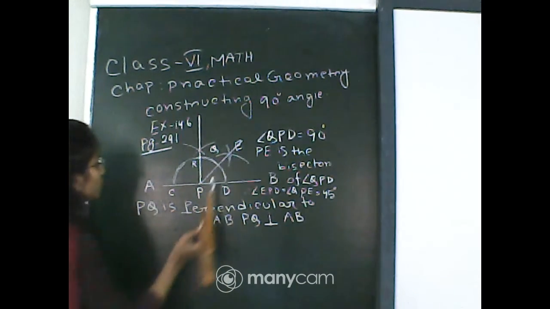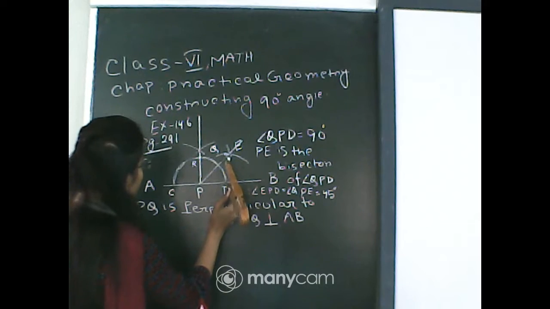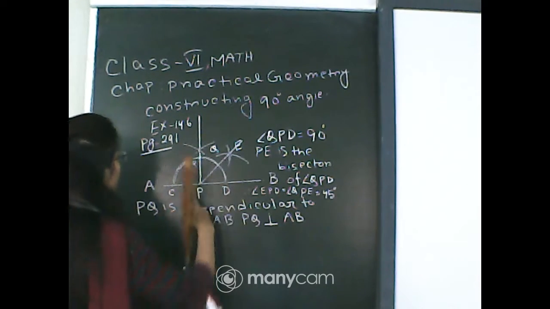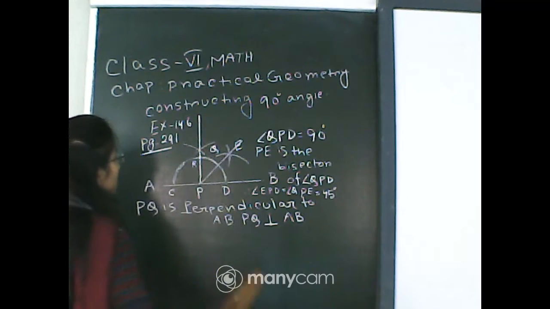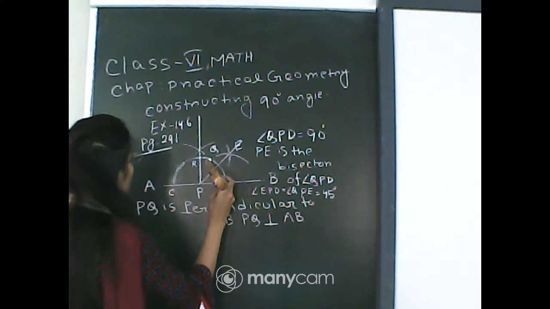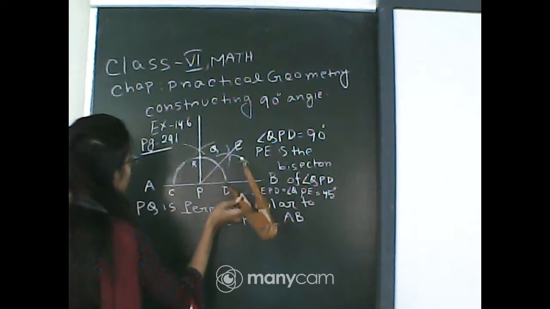For this we place the pointer of compasses at D and take radius more than half the length DR. Okay. This is the point R. Place the pointer of compasses at D and take radius more than half the length DR and draw an arc.